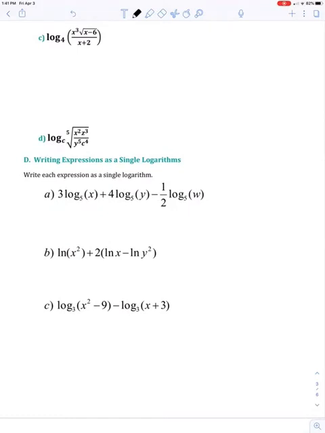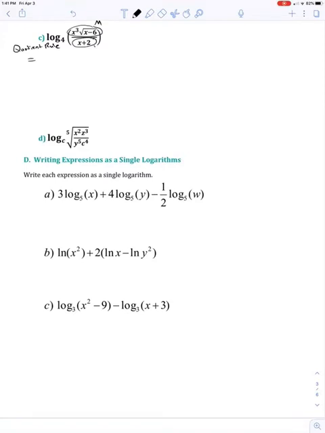So here I've got log base 4 of x cubed times the square root of x minus 6, divided by x plus 2. Well, first thing I'm going to do, I'm going to go ahead and create a difference of logarithms. I'm going to use the quotient rule. So the quotient rule, again: log of the numerator, there's our m, so to speak.